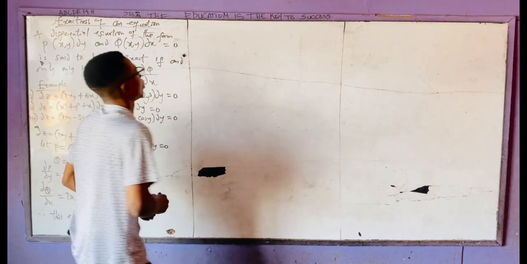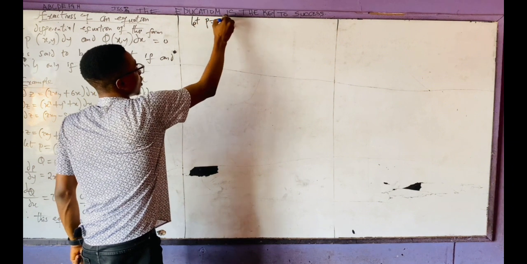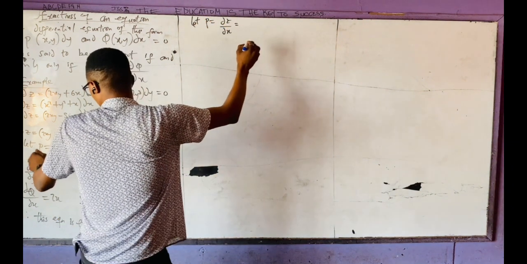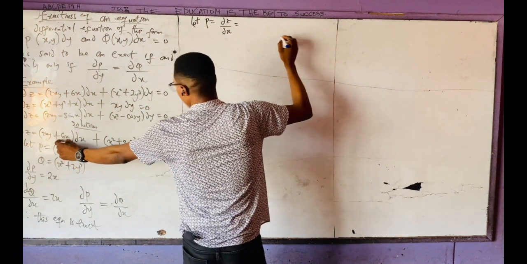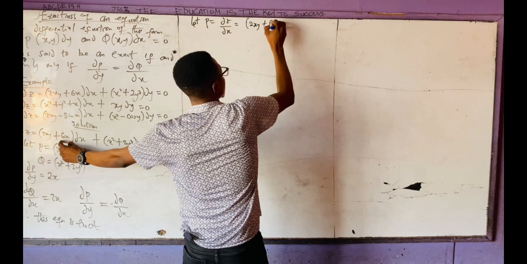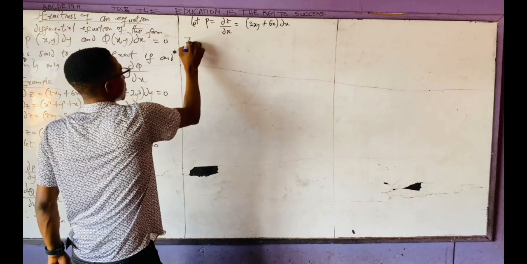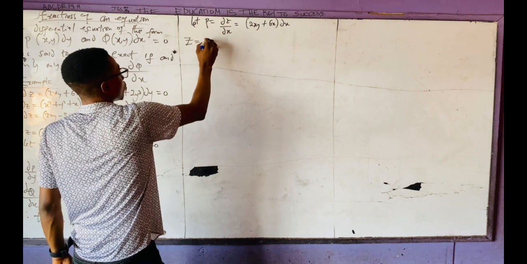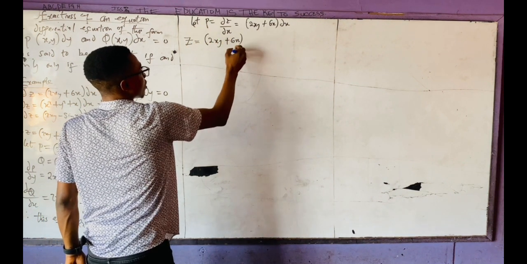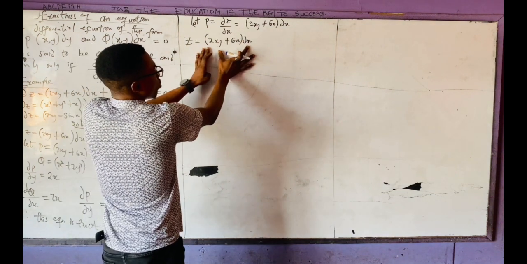Now what we need to do is let p equals dz over dx, which is equal to (2xy plus 6x) dx. So we have z equals the integral of (2xy plus 6x) dx, so we need to integrate this with respect to x.